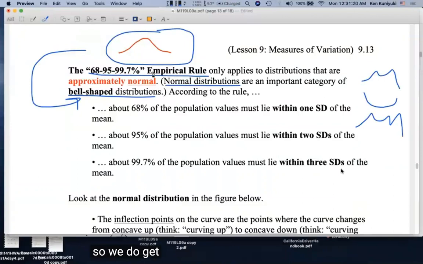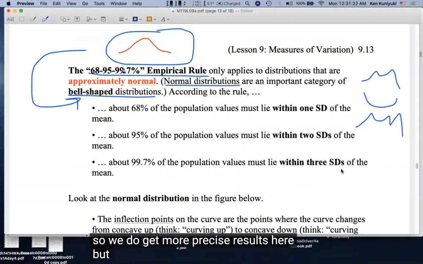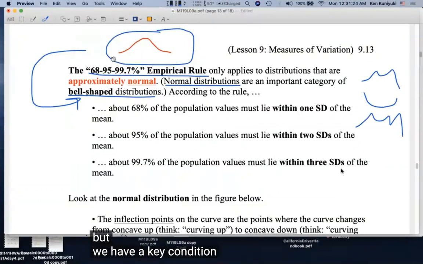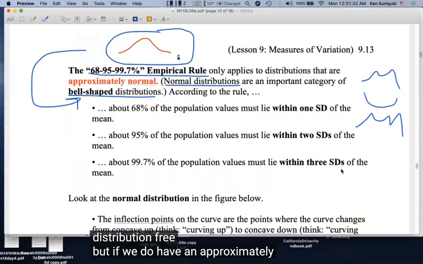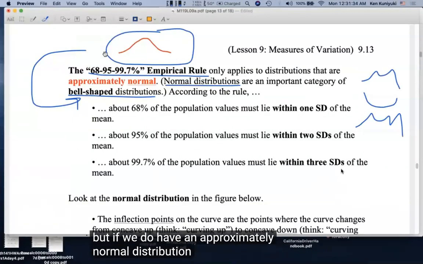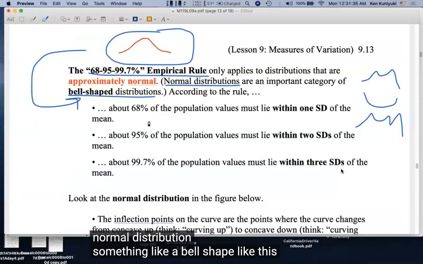So we do get more precise results here, but we have a key condition that not all distributions satisfy. This rule is not robust. It's not distribution-free.